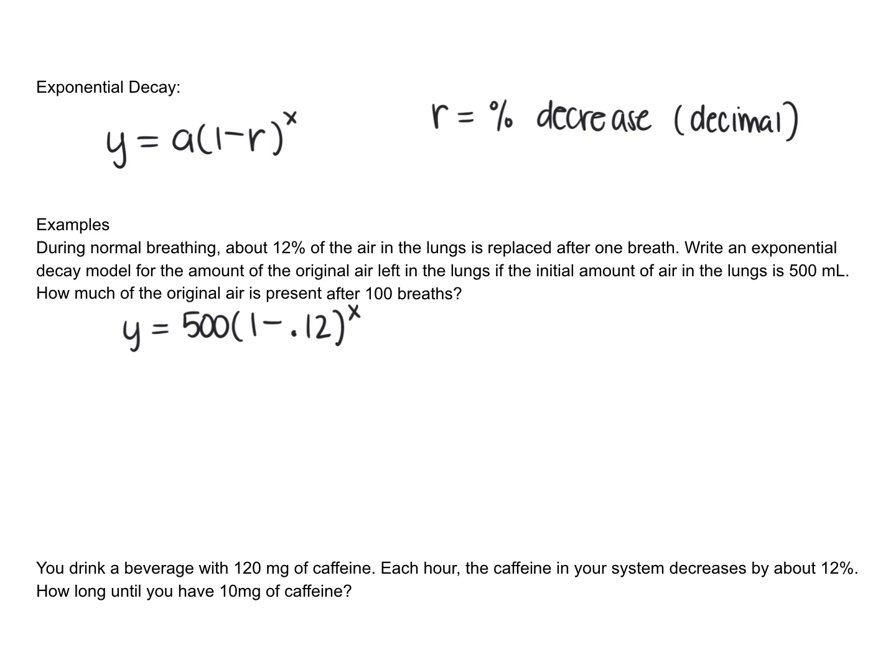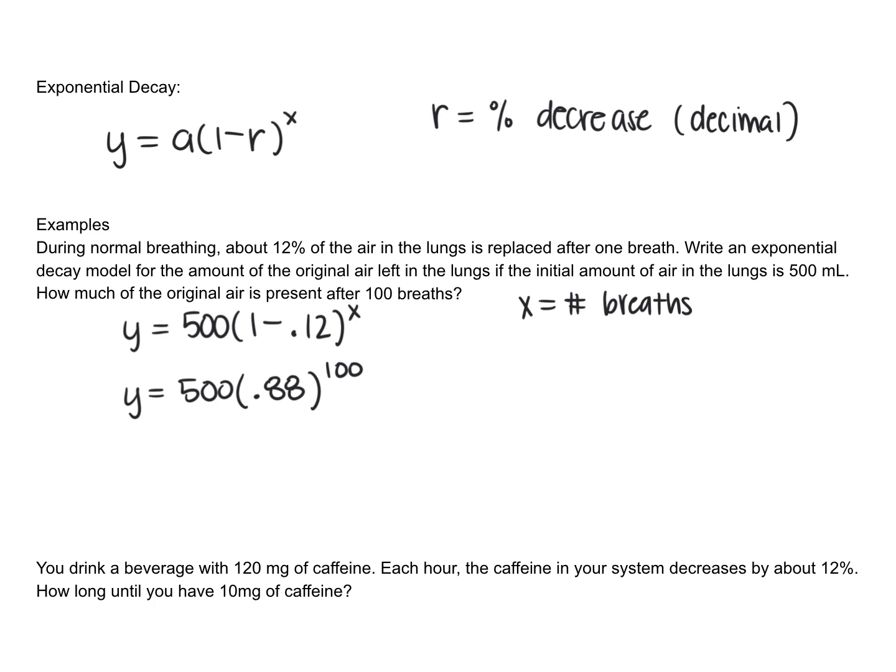Now this is a little bit different here because x isn't actually an amount of time. X here is our number of breaths. But it works the exact same way as an exponential function where x represents a measurement of time. So we'll have y equals 500, and then 1 minus 0.12 is 0.88, and then our exponent is going to be 100.